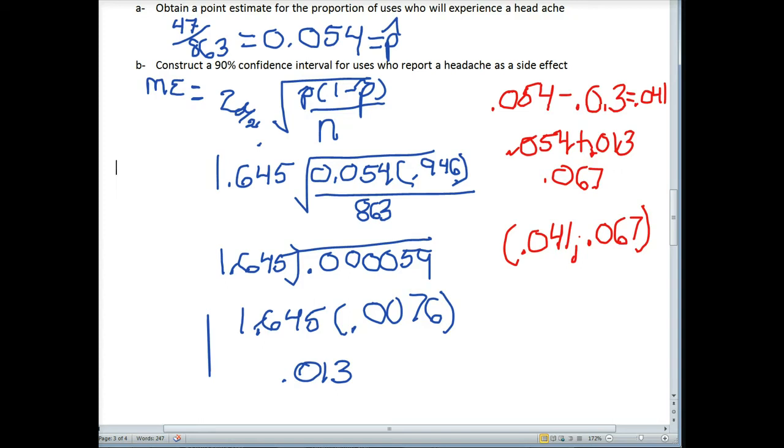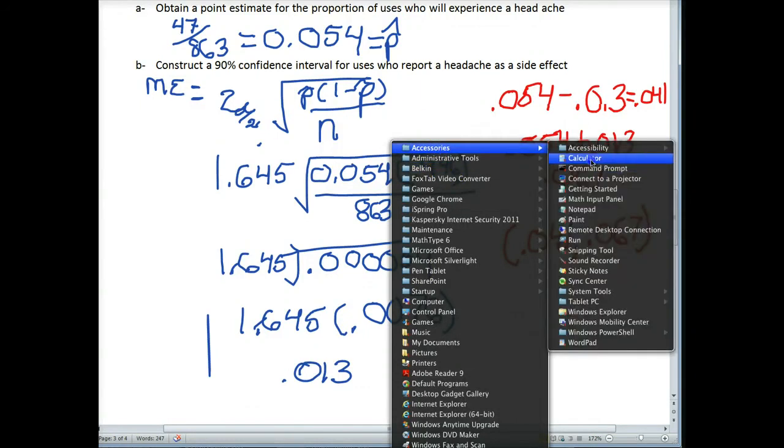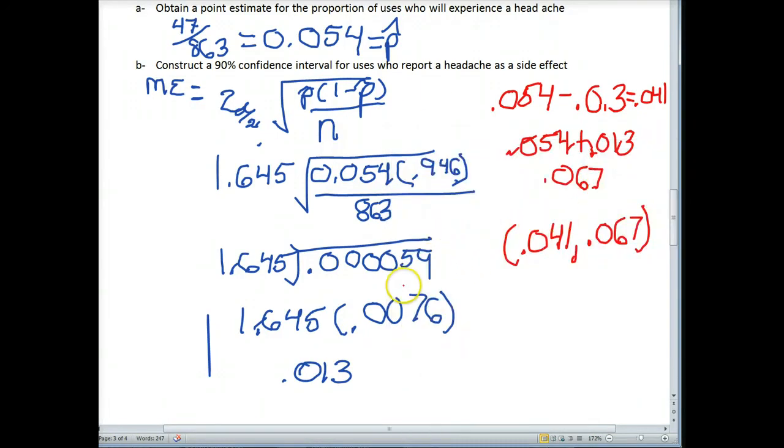So you must just be very careful with your square roots, remembering that you can do this on your calculator on your Windows machine. I'm just going to show you real quick, there's no reason that you can't do a square root.